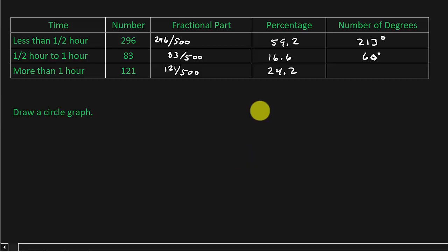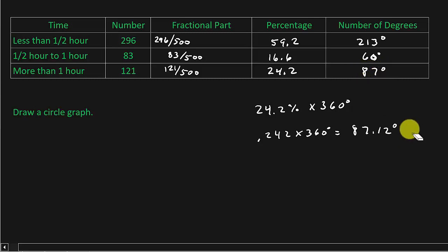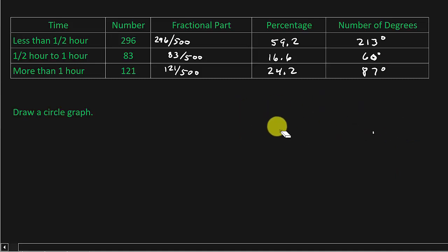And then for the last one, we've got 24.2% times 360 degrees, which is 0.242 times 360 degrees. That actually comes out to 87.12 degrees, and we are going to call that 87 degrees. I'm just rounding. Okay. If you're not sure if you need to round or not, ask your teacher.